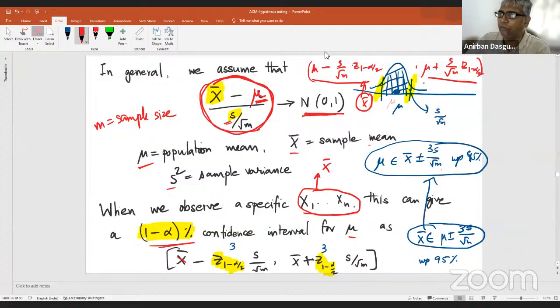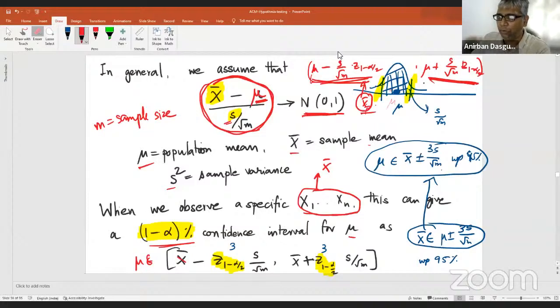Similarly, you can flip it around and say that if H0 were true, then mu should lie in this interval around X bar. Because if X bar lies in this interval around mu, that's the same thing as saying that mu lies in this interval around X bar. X bar is bigger than or equal to this quantity, therefore mu is less than or equal to X bar plus this, and X bar is smaller than or equal to this quantity, therefore mu is greater than or equal to X bar minus this.